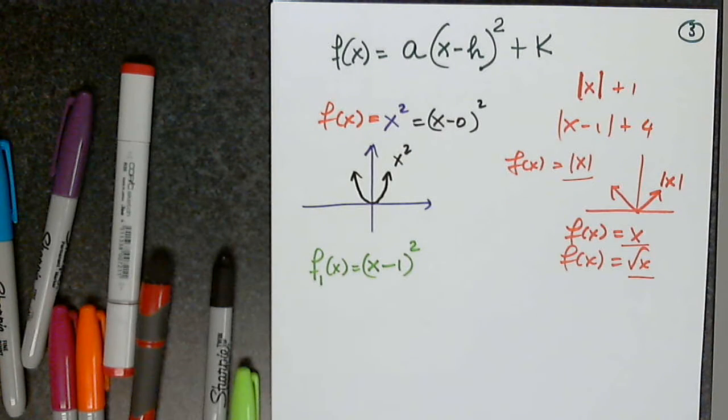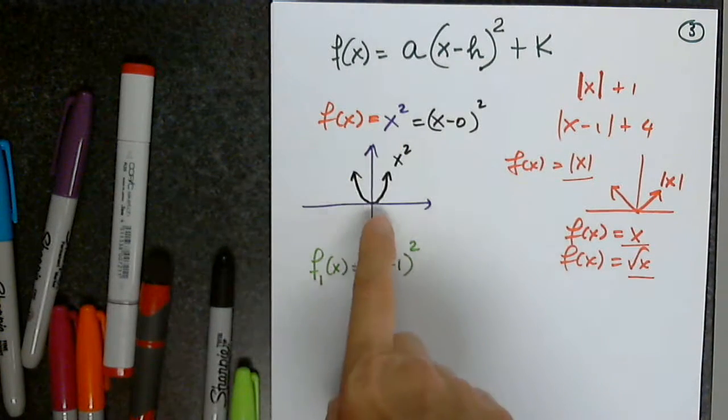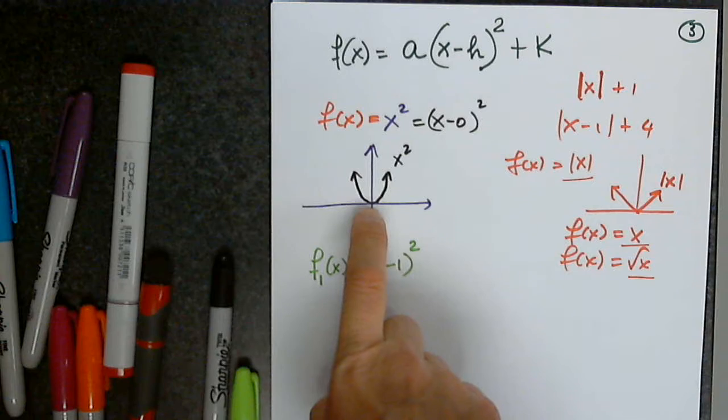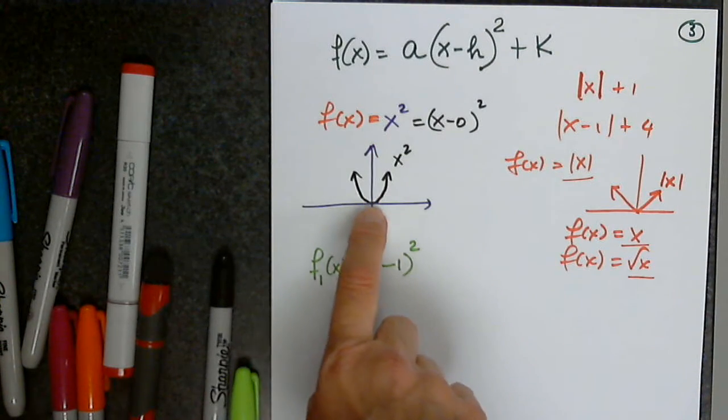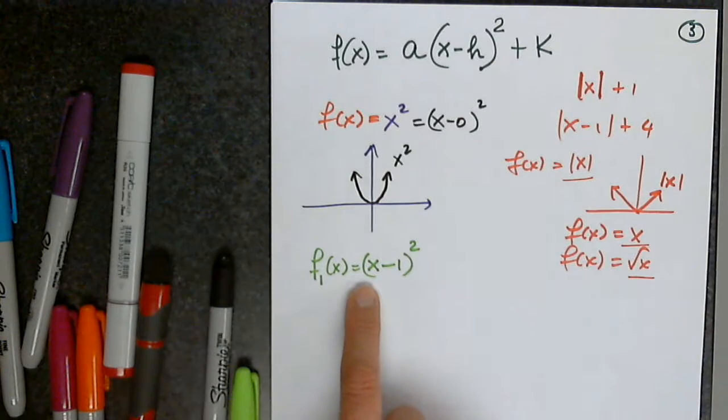But now the question is where? Does it shift to your left or does it shift to your right? So let's think. If this function, when x equals 0, y equals 0, obviously it crosses at the origin. Let's see where this is going.